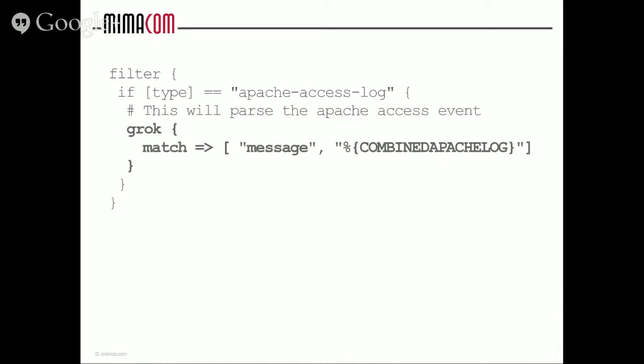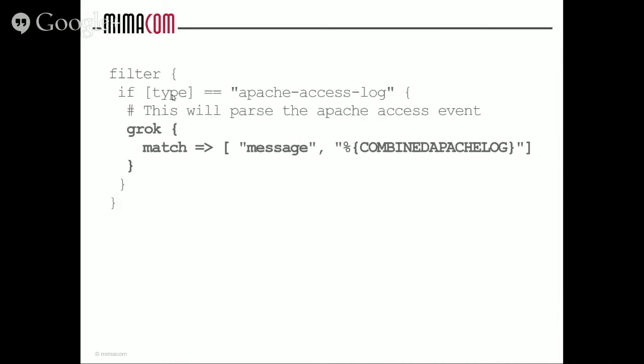Now we are going to filter our log, and here I'm using the grok plugin to deal with this log. In this case, I have a pattern defined that is combined Apache log, so it's very easy to configure because I don't need to parse the log, because it's a very standard format. So grok knows how to do it instead of defining it manually.